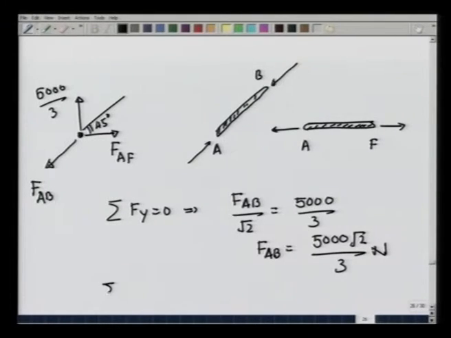Similarly, summation Fx equal to 0 gives me F AF to be F AB over root 2, which is equal to 5,000 over 3 newtons. So, now I have gotten forces on two members of the truss, namely AB and AF.